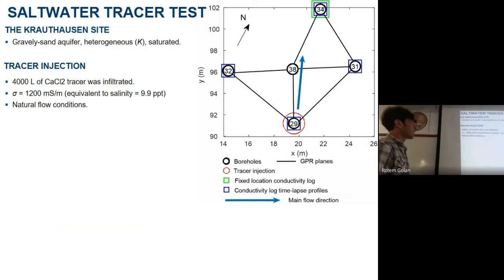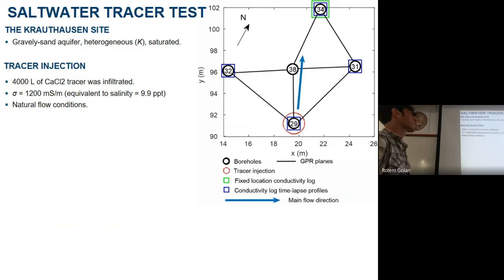We injected a saltwater tracer through this borehole of 8 meters water column all over the borehole. The electrical conductivity was 1200 millisiemens per meter, where the groundwater conductivity was 90.